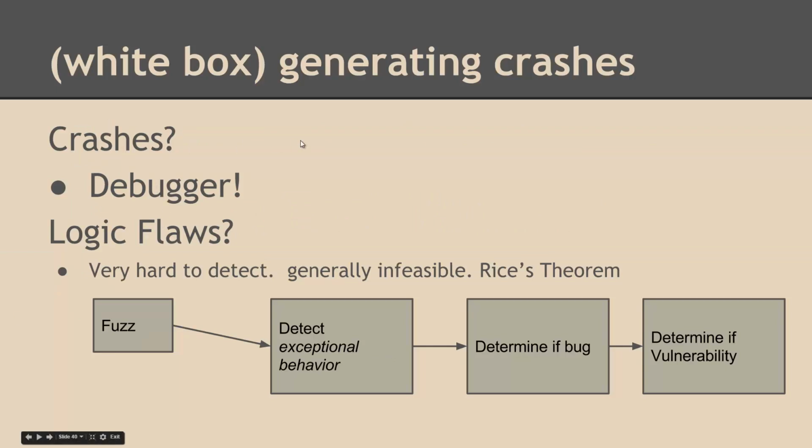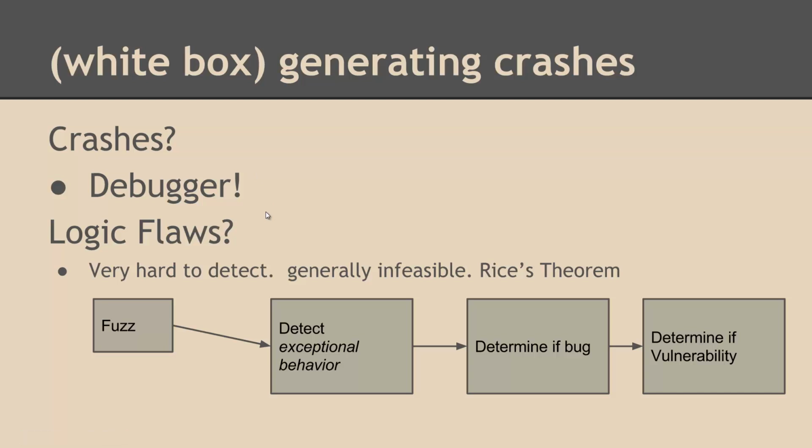So crashes are the easiest thing to detect in a fuzz test. Usually you can do this with a debugger on any platform that comes with the operating system or the hardware itself. However, in software, detecting subtle or nuanced behavior like logic flaws or side effects is very, very hard to detect.